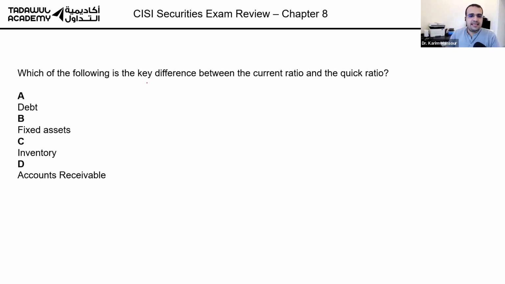Which of the following is the key difference between the current ratio and the quick ratio? Now, just to remind you, current ratio is the current assets over the current liabilities. What are the current assets? Current assets are cash plus receivables plus inventory.